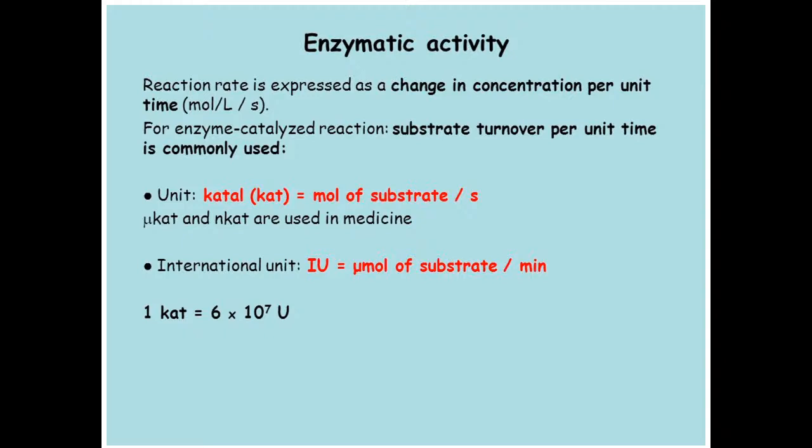The catal unit is a mole of substrate per second, and the international unit is micromolar of substrate per minute. And 1 catal is equal to 6 into 10 raised to the power 7 units.